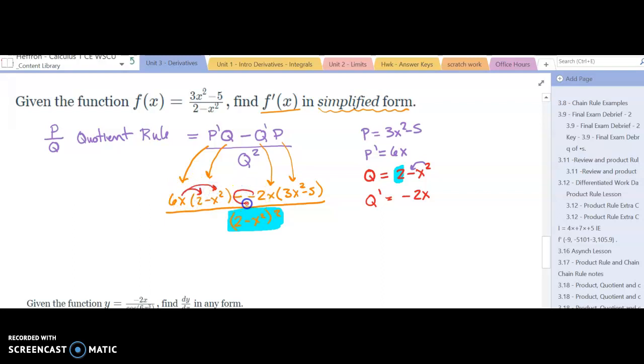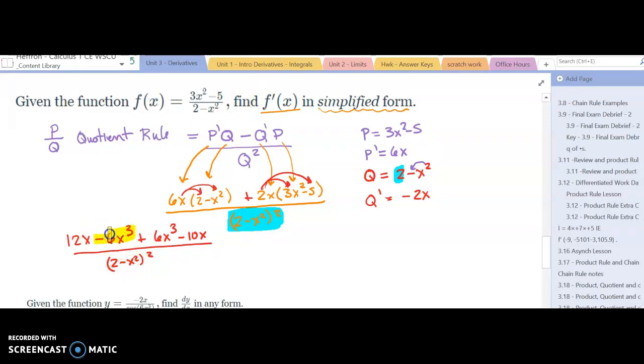We'll turn these two negatives into a positive, and then we'll distribute that 2x into both terms, and we'll have 12x minus 6x cubed, and then we'll have plus 2x times 3x squared is 6x cubed. 2x times minus 5 is minus 10x, all over 2 minus x squared squared. And then we'll collect like terms, and then we'll be simplified.